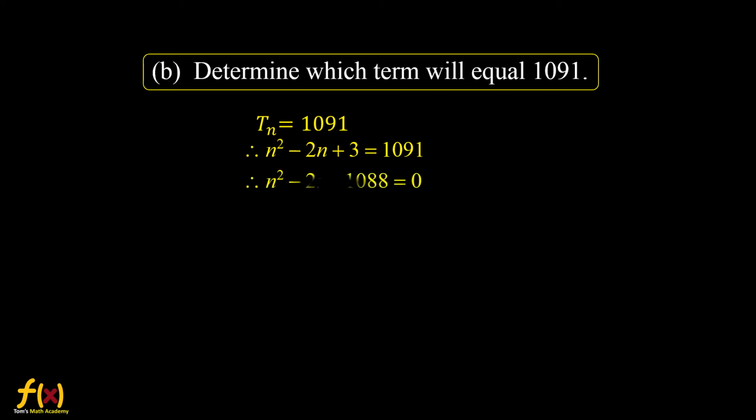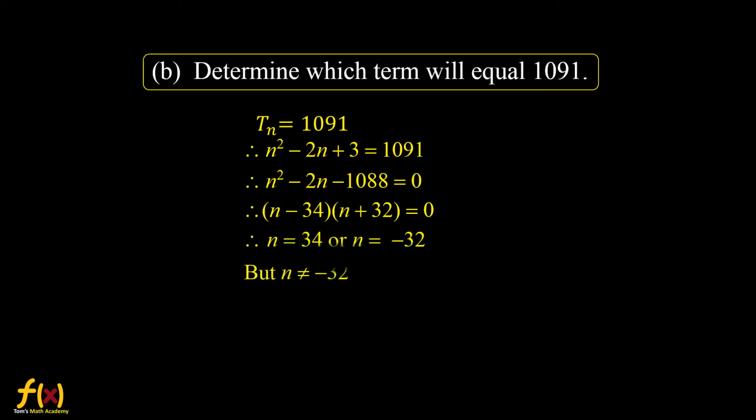Then we make it into standard form, and we factorize, or we can use the formula. N equal to 34 or n equal to negative 32, but n cannot be a negative number. So our answer is n equal to 34.